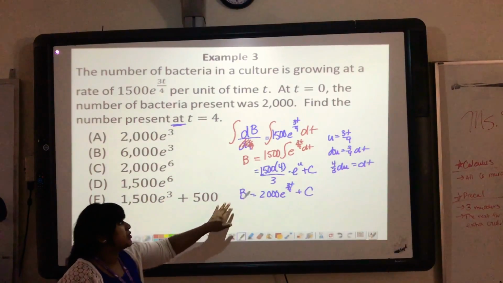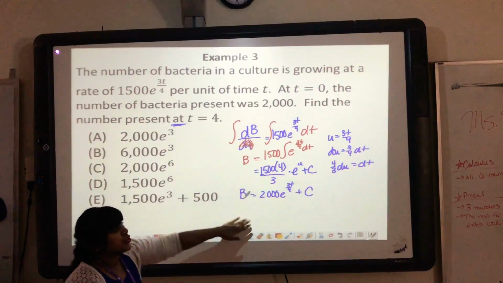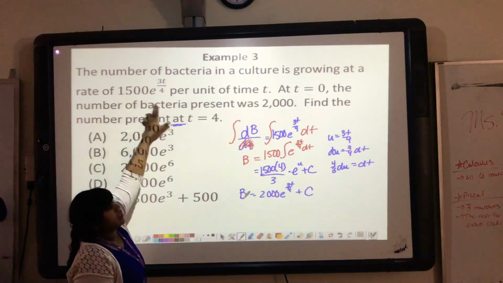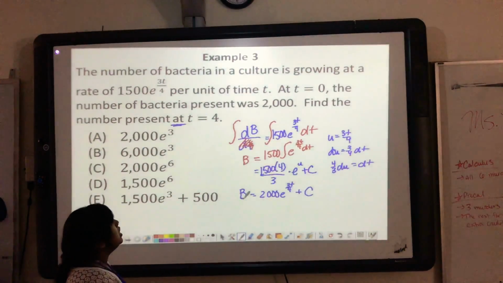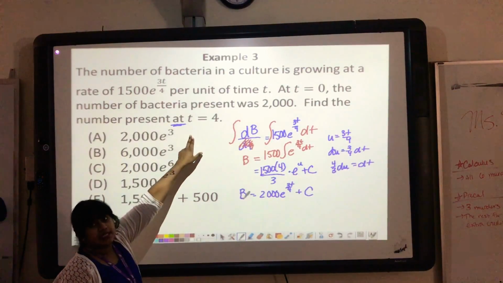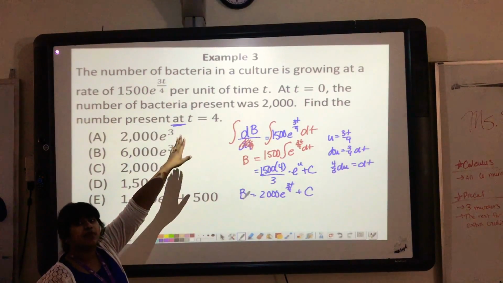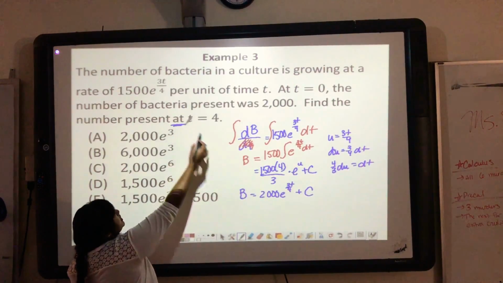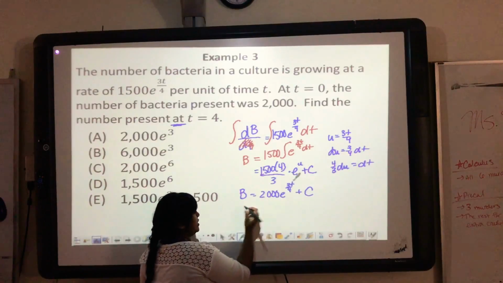is equal to my bacteria. So we're now looking at the original function where this rate that they gave us came from. Then it's asking us to find the number present at t equals 4. They did give us a little bit of information in there, and I'm going to show you that connection in just a little bit. So when it's present at t equals 4, let's go ahead and plug that in.